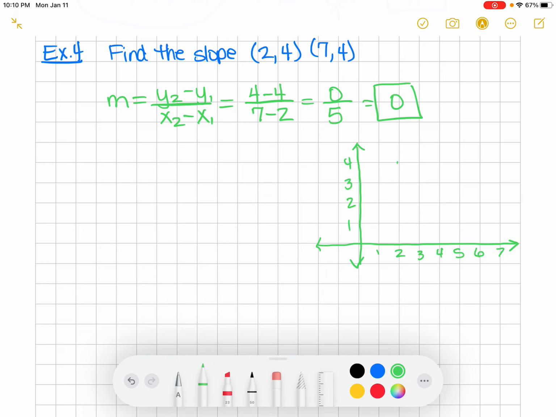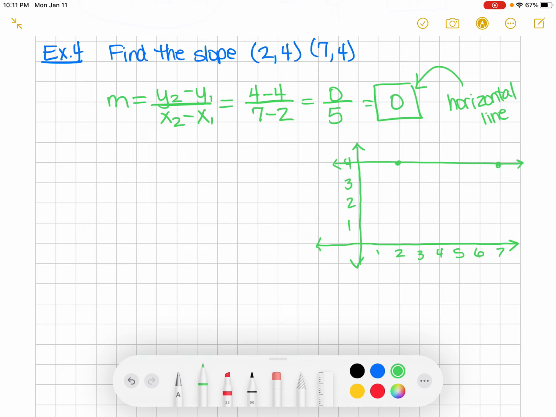Okay, so I have (2, 4) as my first point, and (7, 4) as my second point. Here's my line going through those 2 points. Now you see what kind of line it is? This is a horizontal line. So what this tells you is anytime you have a horizontal line, your slope is 0. And vice versa. Anytime you have a slope that's 0, it is a horizontal line.